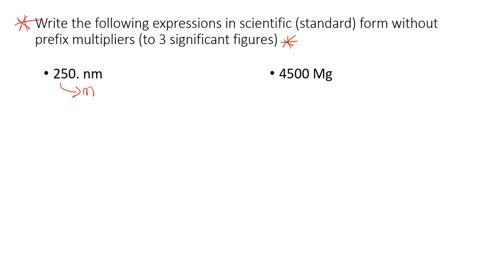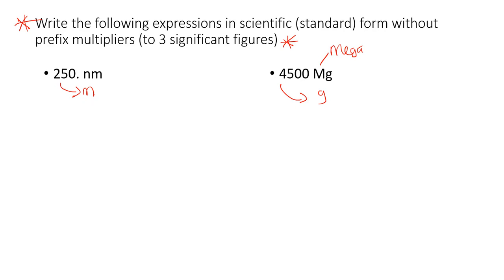I want you to change this mega. So this is mega. I want you to change this megagram to grams. That's what I mean. If I say I want you to write this without prefix multipliers, because a nanometer is a prefix multiplier, a megagram is a prefix multiplier. The actual base for a nanometer is a meter. The actual base for a milligram is a gram.